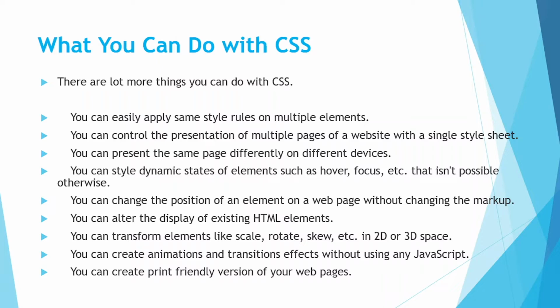You can transform elements like scale, rotate, skew, etc. You can make them 2D or 3D. These kinds of behavior you can perform with CSS. Any element can be modified like this. You can rotate any heading, div or image, and you can scale them or increase their size.